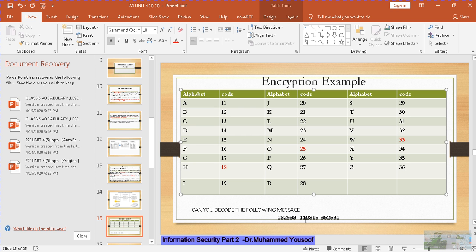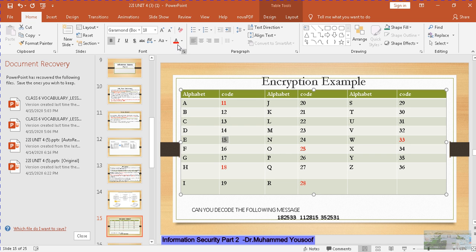Now look at this one. 11. Where is 11? A. Okay, 11 is here. So this means A. 28. Where is 28? R. A-R-E. 15. Where is 15?